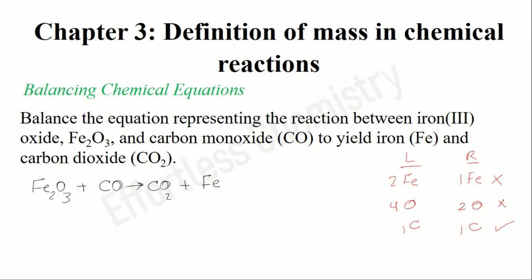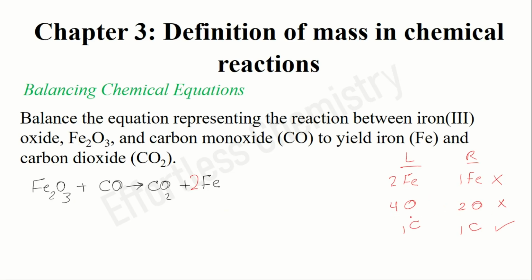So if I start from iron or oxygen for balancing first, I don't know, it depends on you. Iron is easier because here it is single, without anything else. So if you balance it, it won't change anything. Since I have 2 here and it is more, I will add a 2 here. So I didn't change any other things.